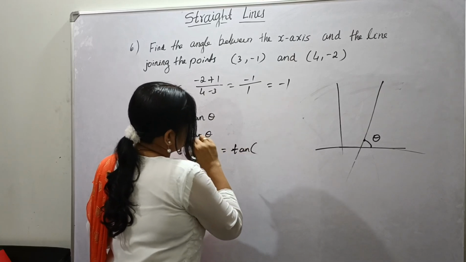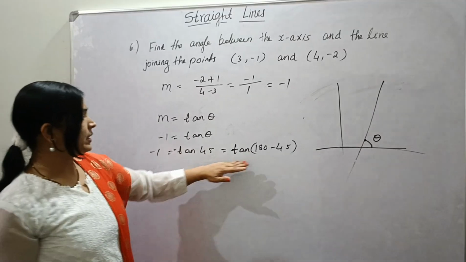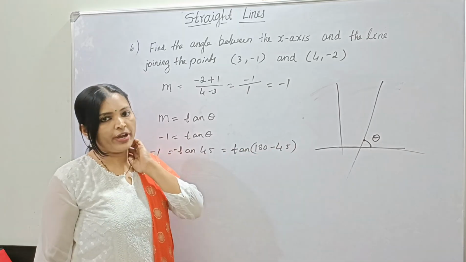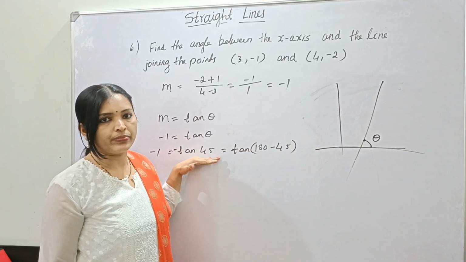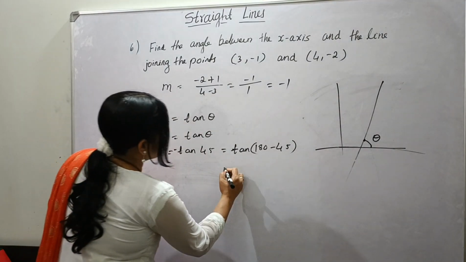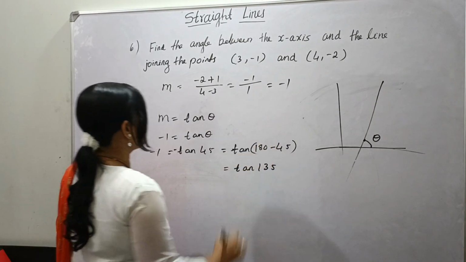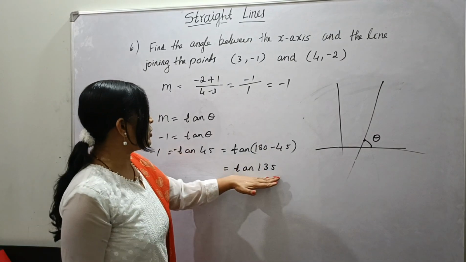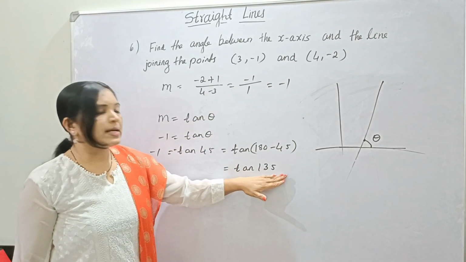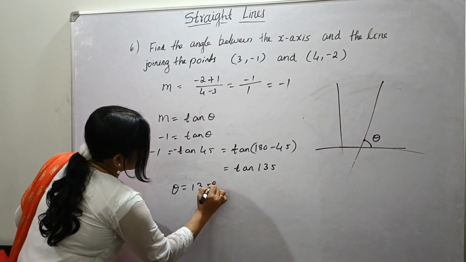Here we know that tan of 180 minus 45 is minus tan 45. Then it is nothing but tan 135. So minus 1 is equal to tan 135. That is, minus 1 is equal to tan theta. That is, theta is equal to 135 degrees. So theta is equal to 135 degrees.